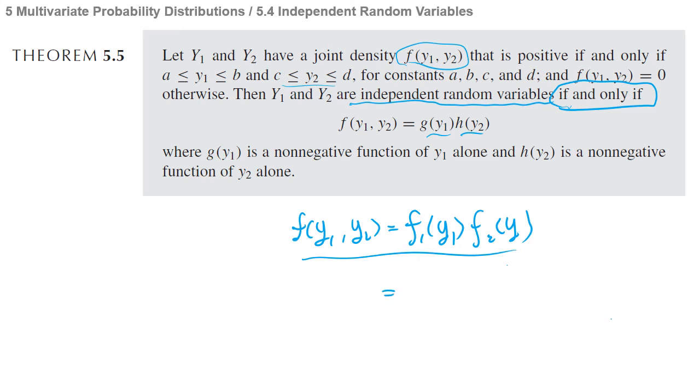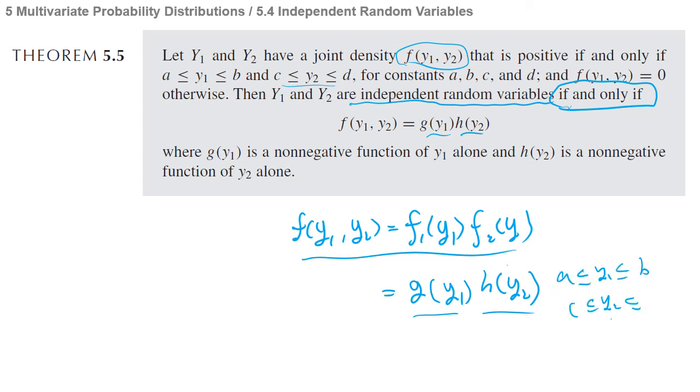If we can find any function g of y1 and h of y2, g and h do not need to be density functions. One more restriction is that y1 and y2 should be defined in the a, b, c, d range.